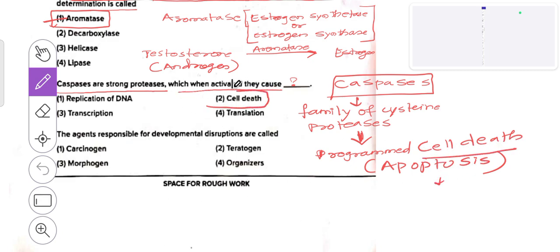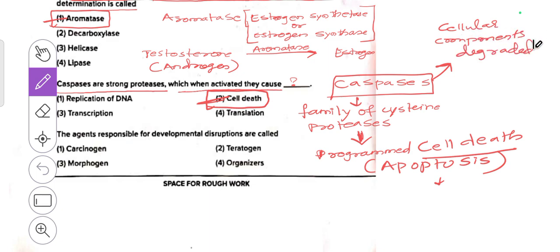Here these caspases play a role in cell death, where they ensure the cellular components are degraded in a controlled manner, so that there is minimal effect on the surrounding cells or tissues.